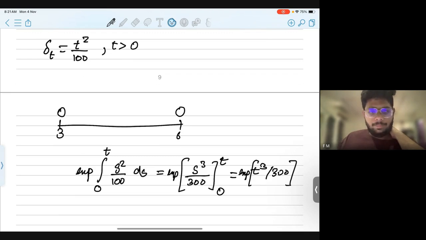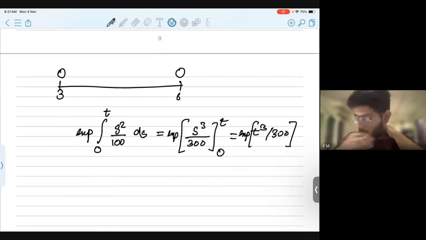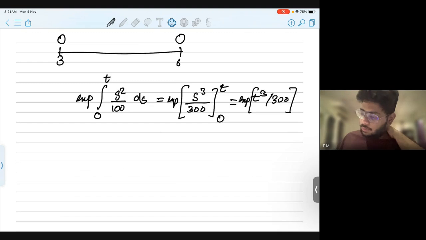This is right? Yes. Okay. Now, this is equal to A(t) is equal to exponential t cube by 300.